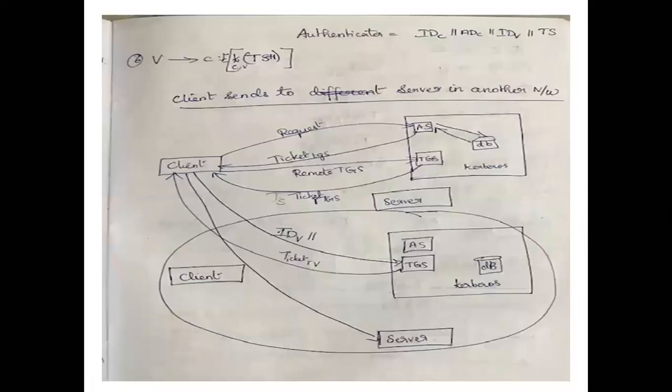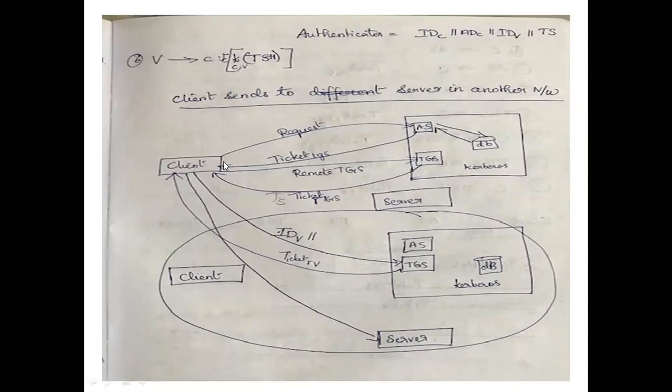Now suppose a client wants to send a request to a server which is in another network. We have a client and server in one network, and another client and server in another network. According to the diagram, each network will have its own Kerberos. If this client, for example C1, wants to contact this server S2, how can it be done?